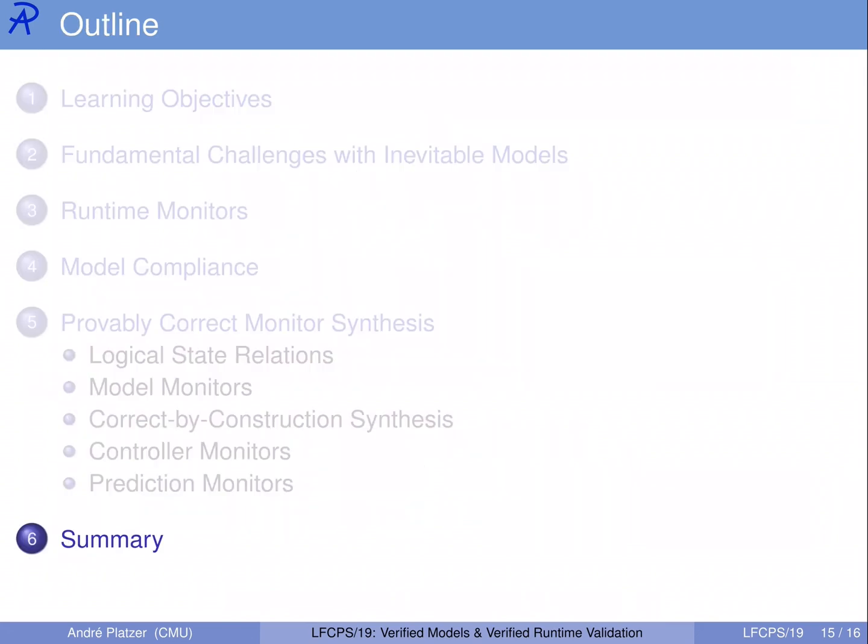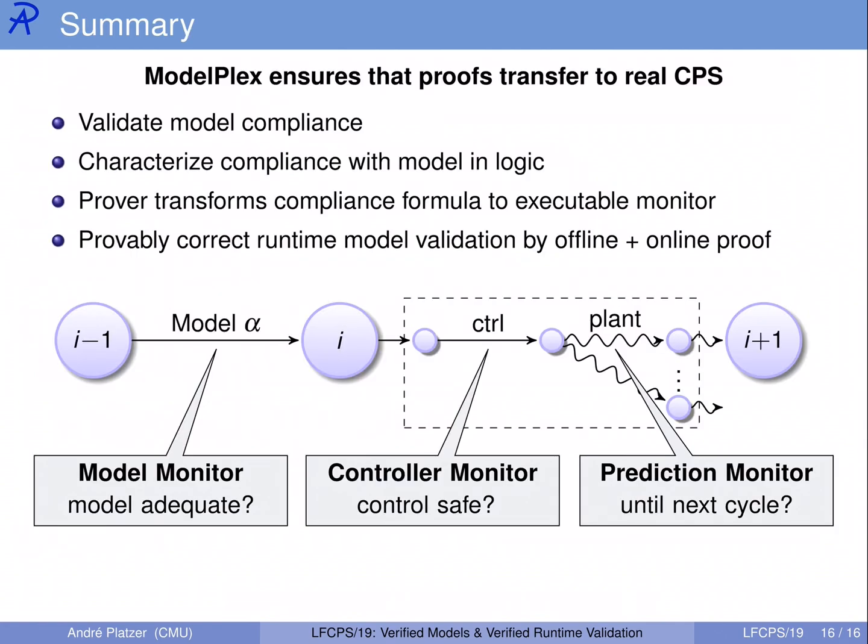So let's summarize what we've learned today. We've seen ModelPlex as the fundamental technique for ensuring that proofs about models transfer to proofs for real cyberphysical systems. And it's the only technique that does this with any proofs of correctness, where we are validating model compliance. We're characterizing the compliance with a model in differential dynamic logic, just as a diamond modality is useful to exploit the versatility of differential dynamic logic for different purposes.